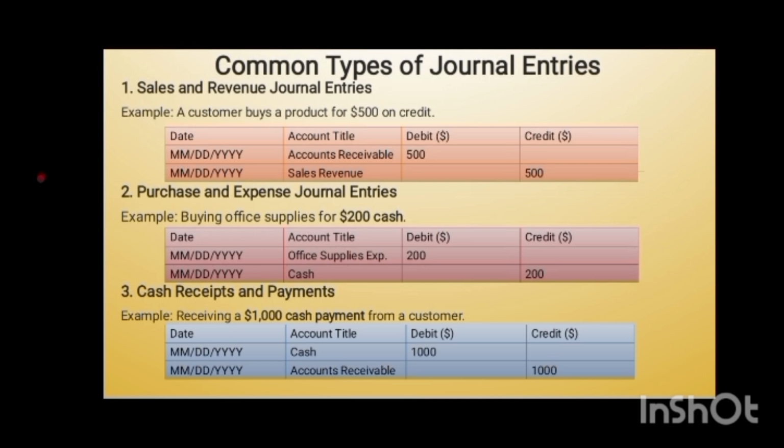So, what will happen? Which account will be affected? Let's see. Now, first, we will get the detail of date from the receipt, from the source document, and which two accounts will be affected. Here, cash is coming into the business. We have increased the cash, meaning the asset increased. So when the asset increases, it will be debited. So $1,000 will be debited in the cash account. Second account, that was accounts receivable.